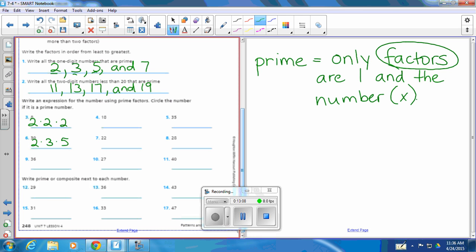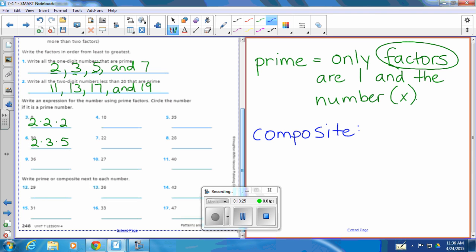Real quick, at the bottom here, numbers 12 through 17, it's asking you to tell if a number is prime or composite. So we need to know what it means to be composite. Basically composite and prime are opposites. So composite means that it's not prime, which means it can be multiplied by more than 1 and itself.